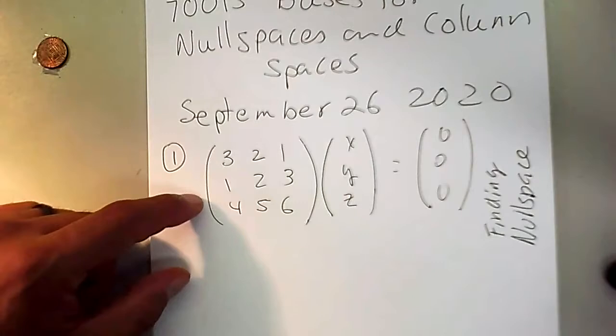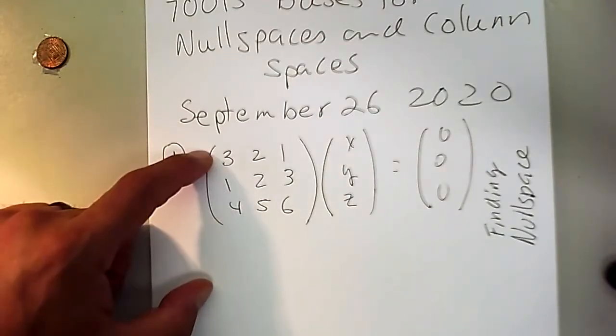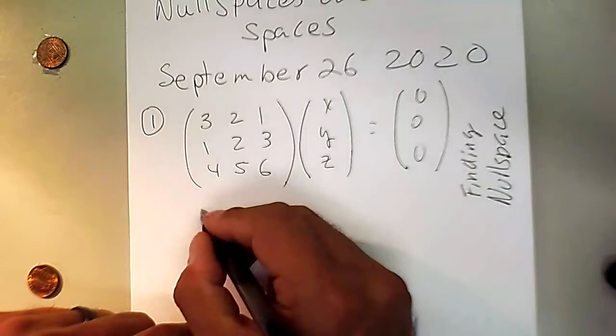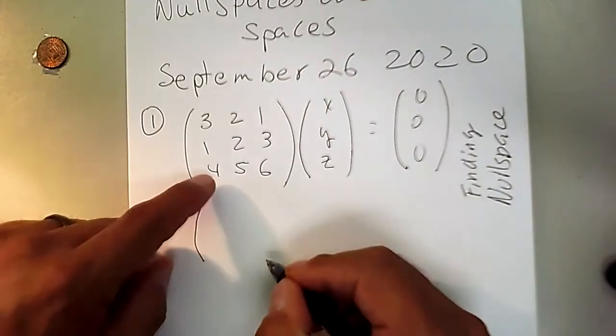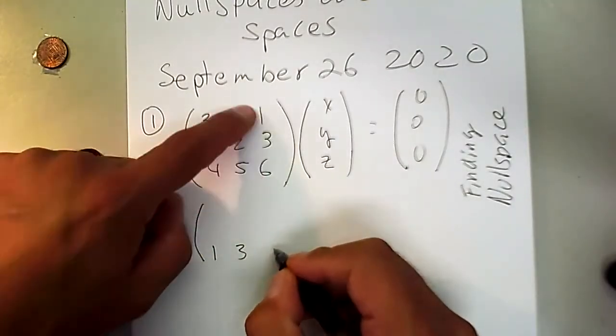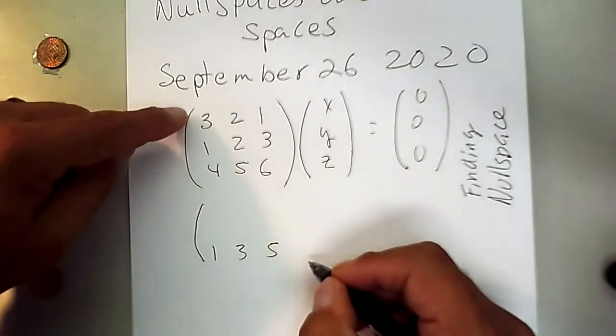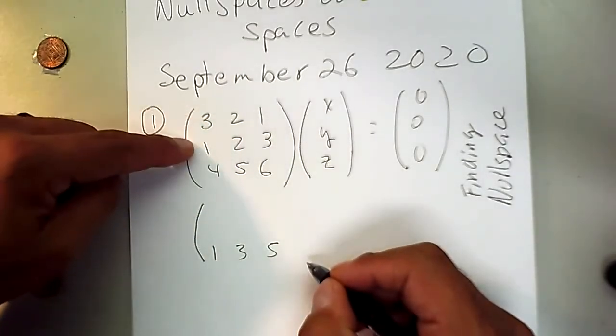So let's reduce this. For instance, we can take this row and subtract the first row. And so 4 minus 3 is 1, 5 minus 2 is 3, 6 minus 1 is 5. While we do that, we can also subtract from this row this one.